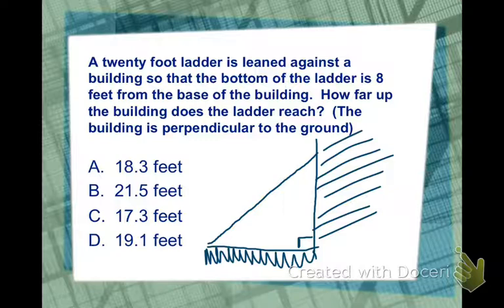What else do we know about the scenario? The ladder is how long? It's a 20-foot ladder. So this ladder is 20 feet. And how far is the base of the ladder? The base of the ladder is 8 feet from the building, so this distance here is 8 feet.